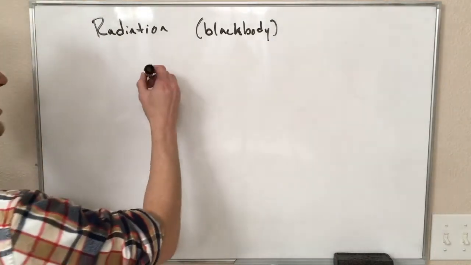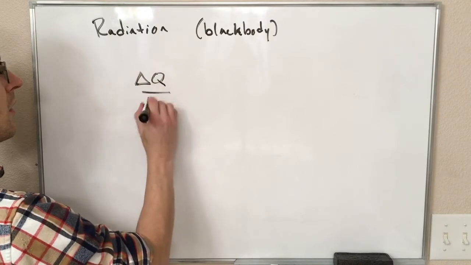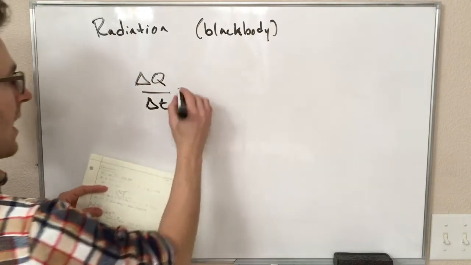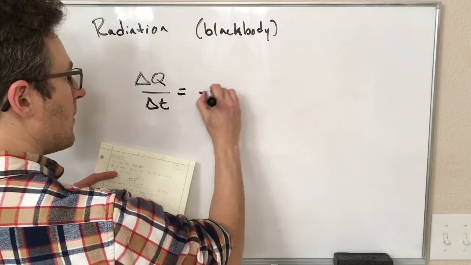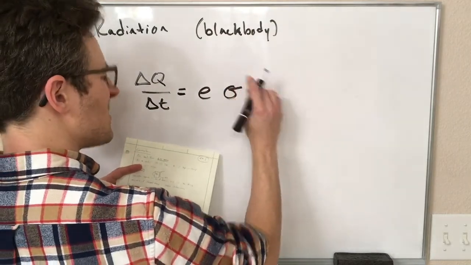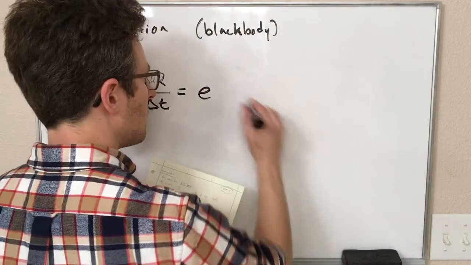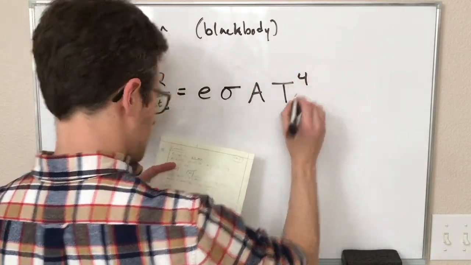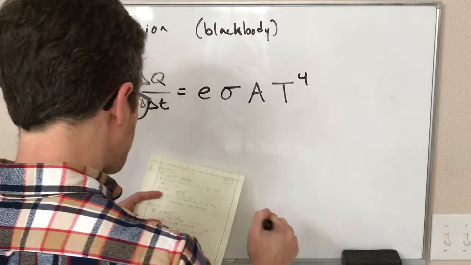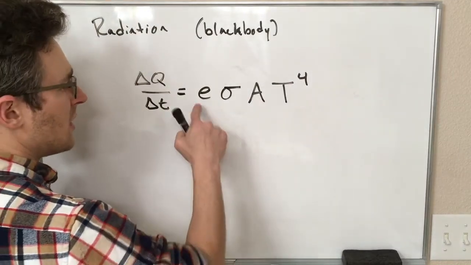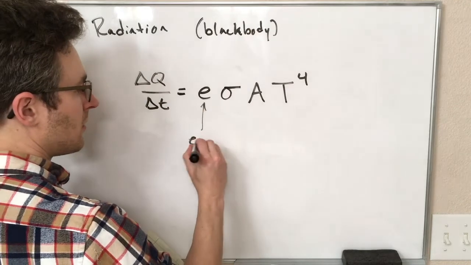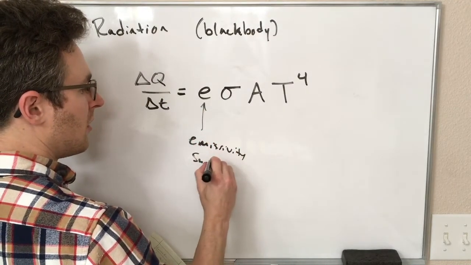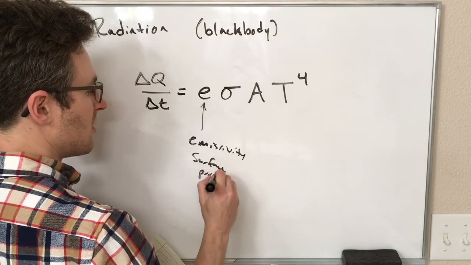Anyway, our equation for radiation is this: dQ/dt, the rate that our heat flows at, is equal to eσAT⁴. Going through this, e is the emissivity, which is a property of the surface.